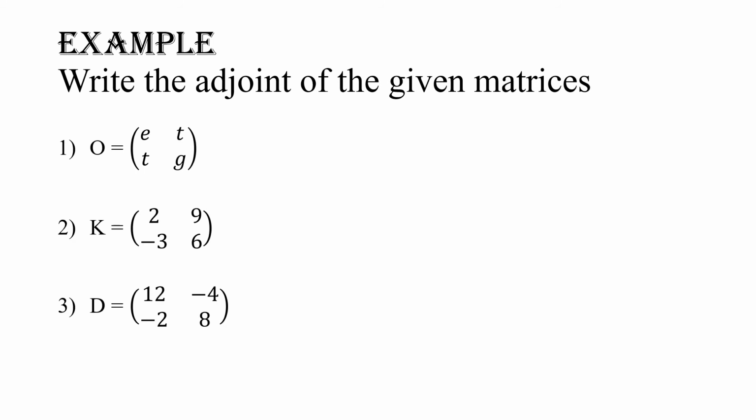I will quickly write the adjoint. So O is this. So the adjoint of O will actually be equal to, I switch the positions of the major. So that will be G, E, and then for the minor, I just switch signs. So minus T, minus T. That's it. This is the adjoint of O. Let's look at the adjoint of K now.